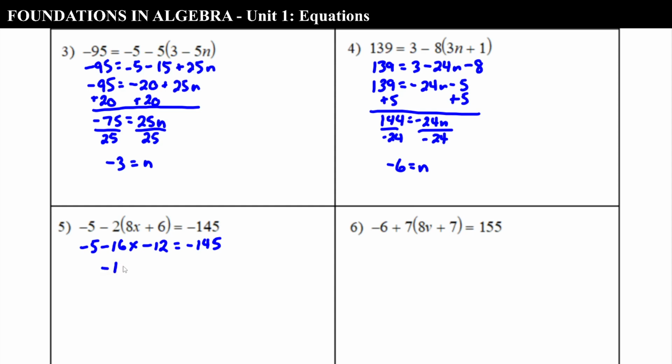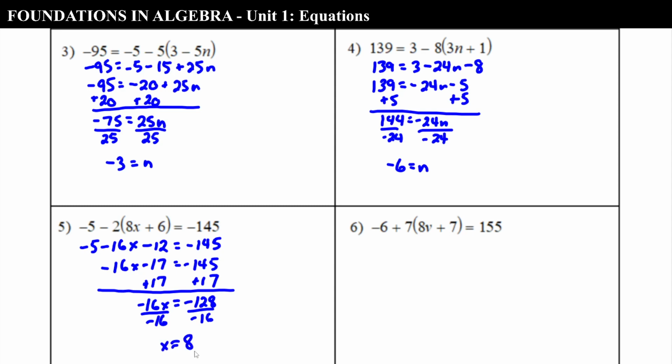That's going to give us negative 17. Add 17 to each side. And we get negative 16x equals negative 128. And then divide each side by negative 16. That's going to give us a positive answer. And that positive answer is x equals 8.